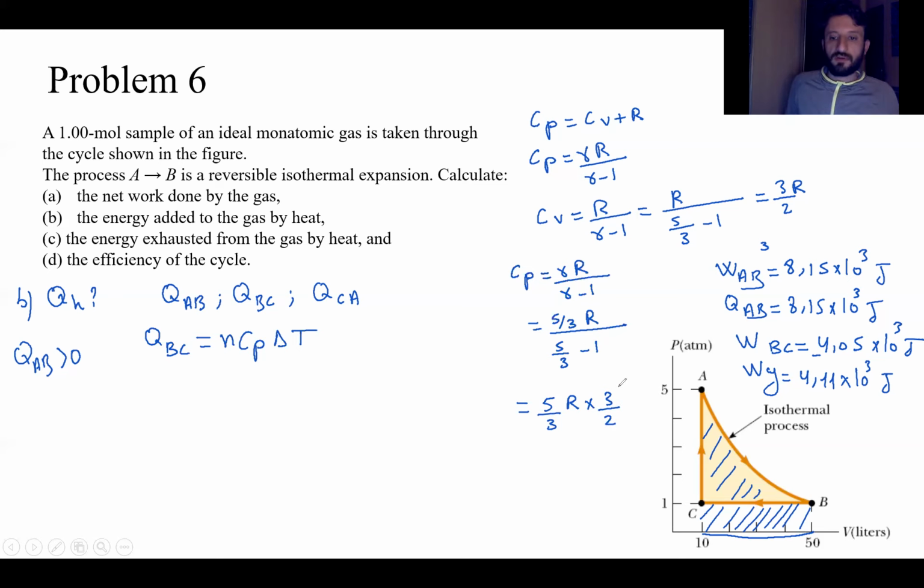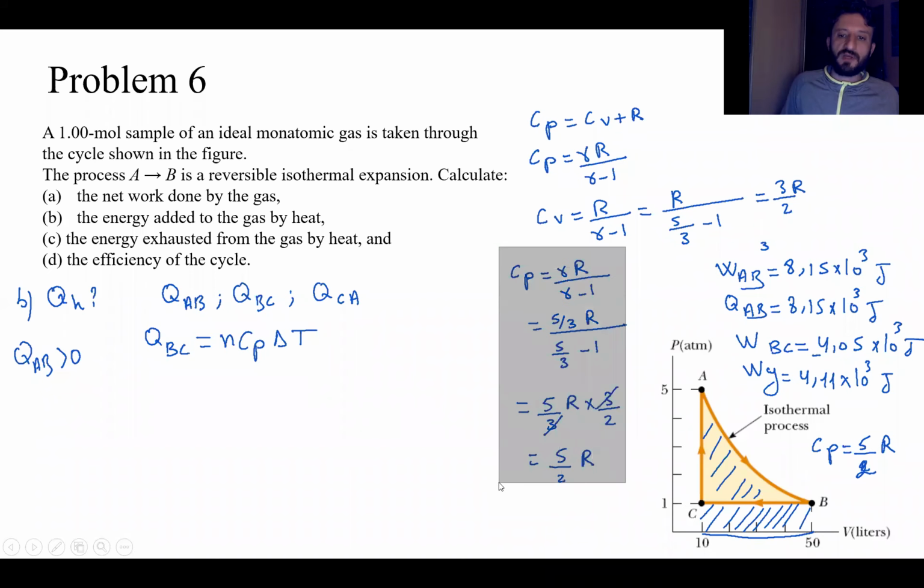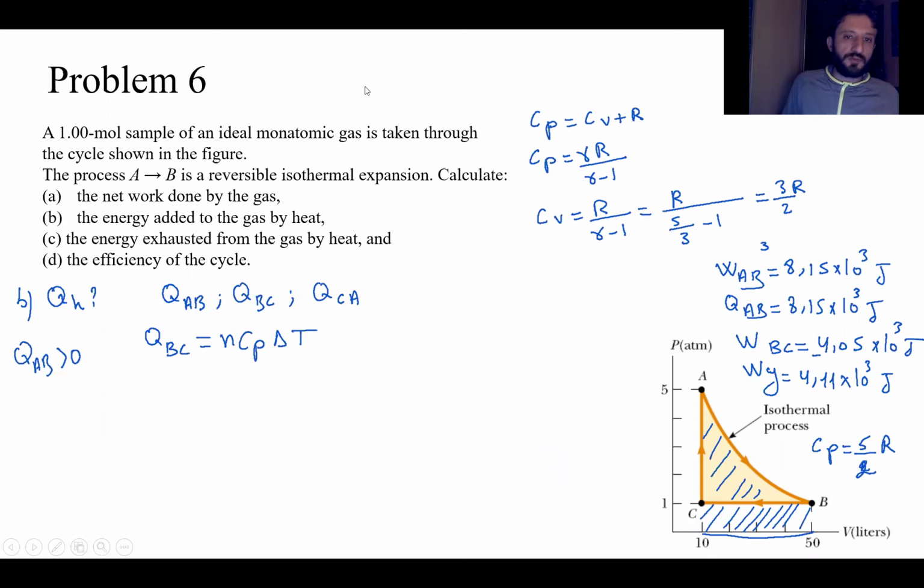We get here 5 over 2 R. So like this, we calculate CP, which is equal to 5 over 2 R. We need to calculate CP because we have to calculate QBC, which equals 1 times CP times T final, we have T between B and C, TC minus TB.